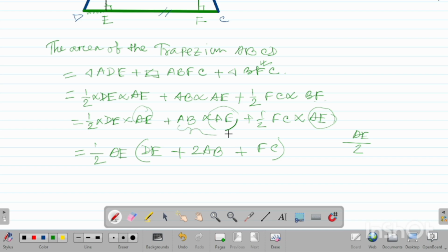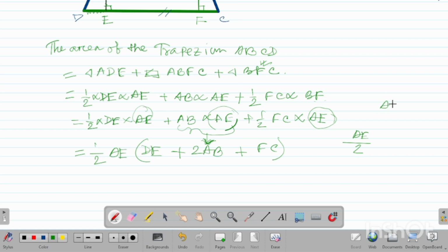Let's try to simplify how 2AB is formed. Here we have taken common half of AE.